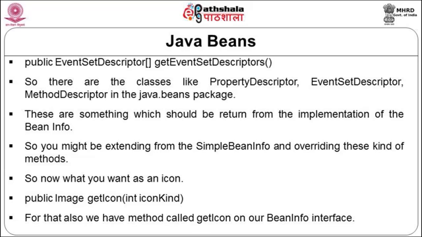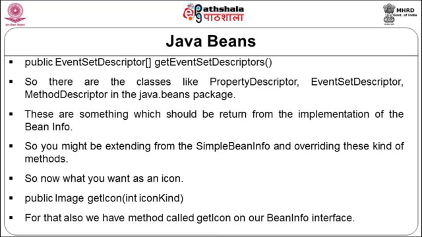And of course, I was also mentioning the icon, what you want as the icon. Even for that we have a method called getIcon on our BeanInfo interface. It should return an Image. So, whatever image is returned by this, that becomes the icon for our simple bean, fine. This getIcon method requires a parameter, and there are 4 values for this parameter.